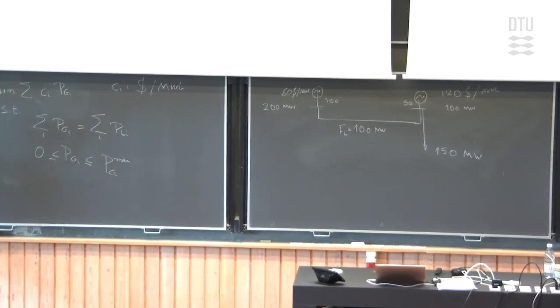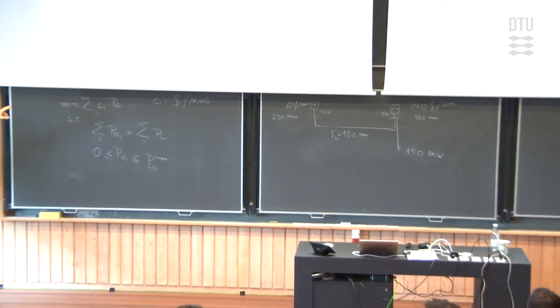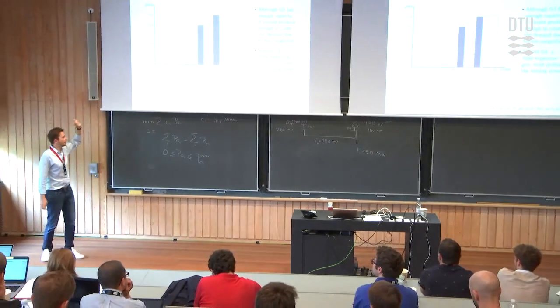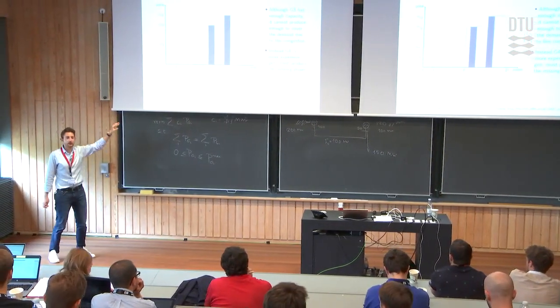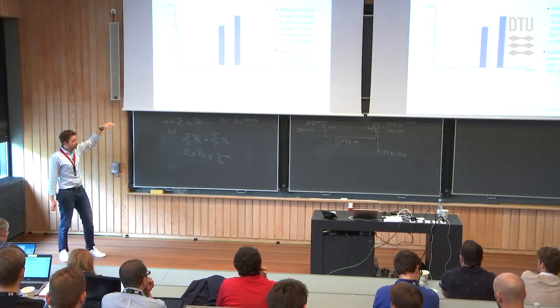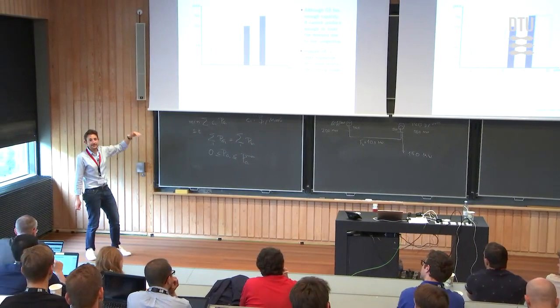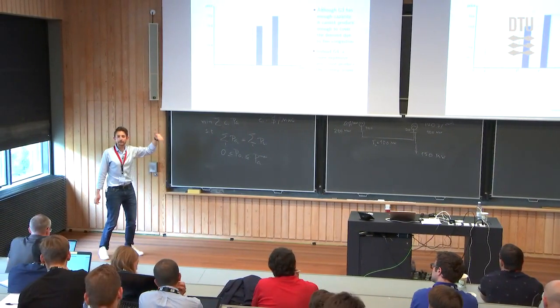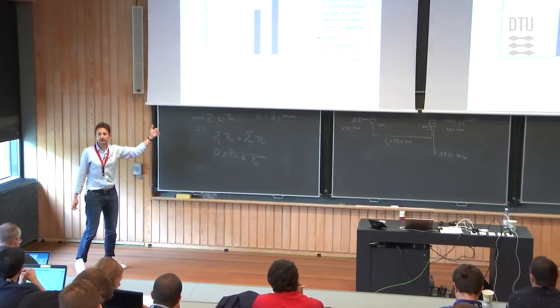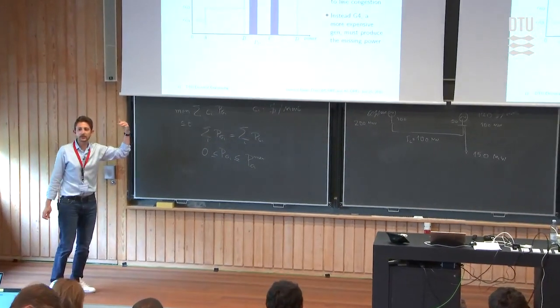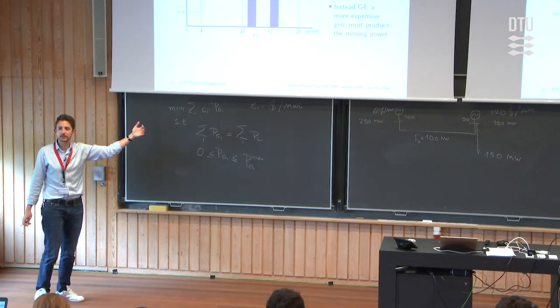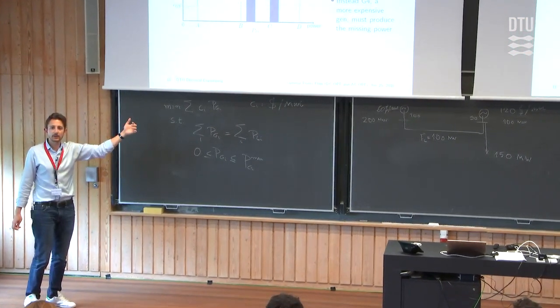And that's what happens here. And actually, you can prove that if you want. If you take the DC-OPF with linear costs, you can prove that if there is a congestion, I'm going to have two marginal generators. This means that there are two generators that are not dispatched to their minimum or maximum capacity. Okay.